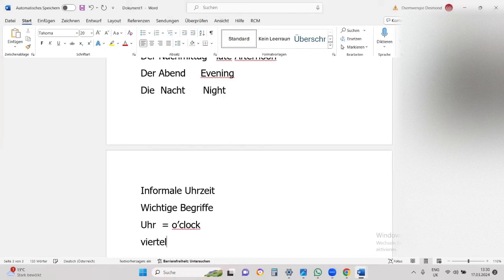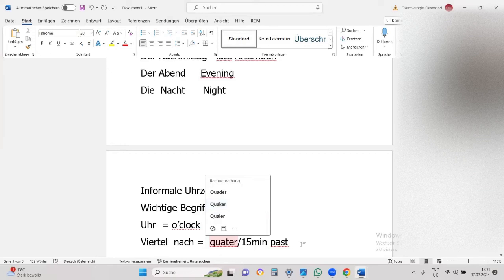Viertel nach means quarter past, or 15 minutes past.